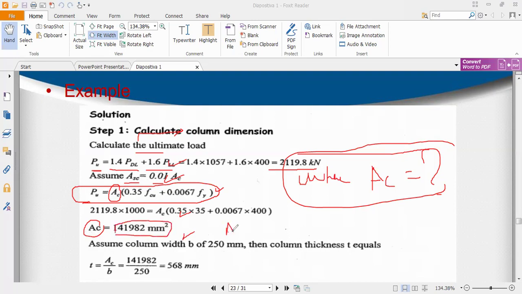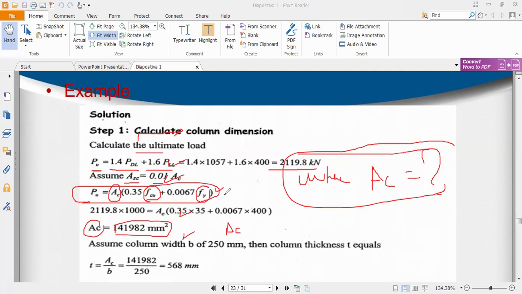I have a question. Okay, you can go ahead. FCU and FY, were they given? Yes, FCU and FY are given. They were given in the question? Yes, that's 35 and 400. These are given in our example and our equations.